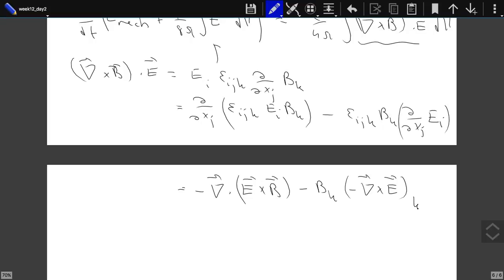So did I make any minus sign mistake? K moves to the front and I and J exchange. So there's a minus sign.